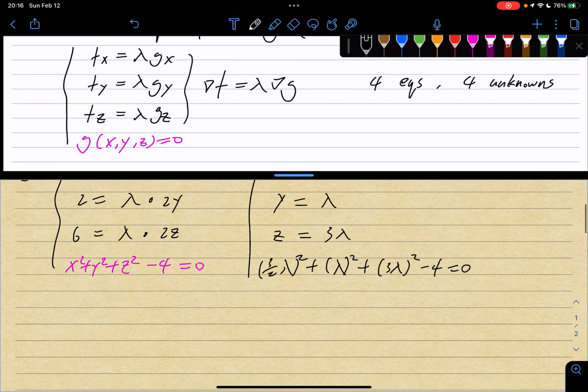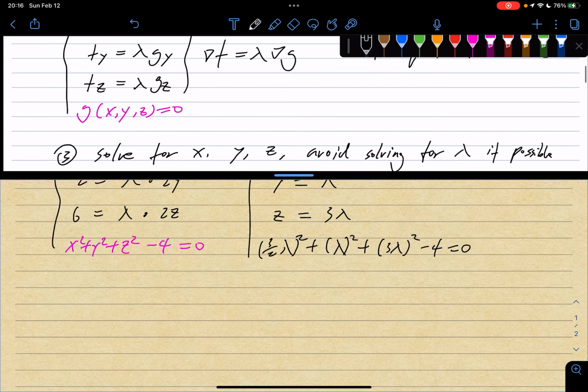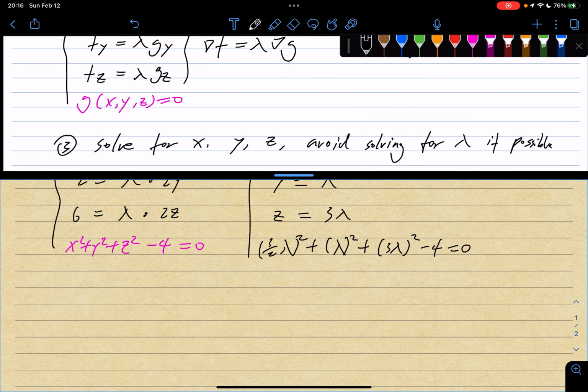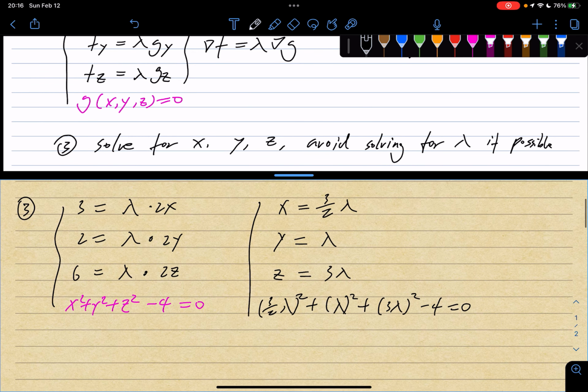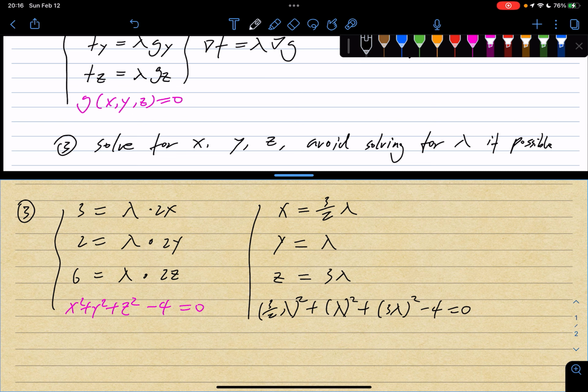So step number 4 is that we're going to solve for x, y, z and avoid solving for lambda if possible. So in this case, it's going to be difficult to avoid solving for lambda. So we're just going to solve for lambda straight away, and then plug back into x, y, z. But keep in mind, lambda is just some sort of constant that helps us get to the answer that we want, which is x, y, z.